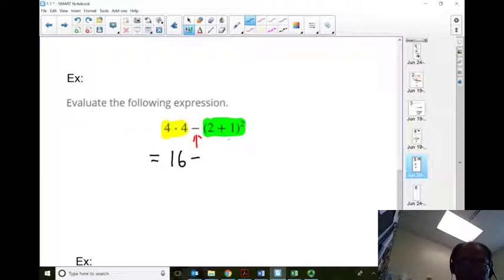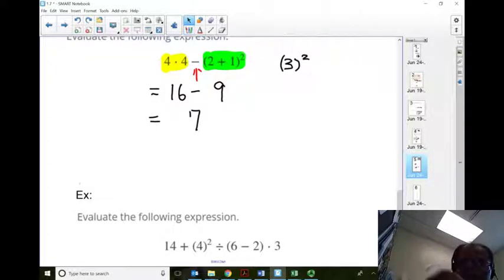If I do what's inside the parentheses, that gives me a 3. The exponent is on the outside, so 3 squared is not 6, it's 9. Be careful, 3 squared means 3 times 3. So this problem is really just 16 minus 9, which is 7.